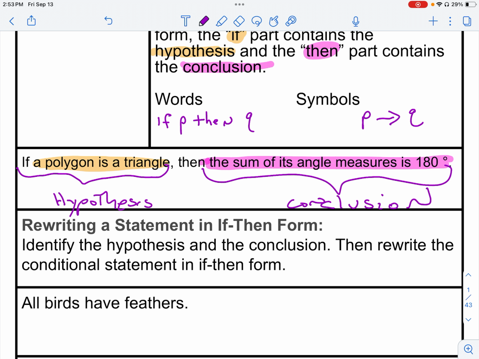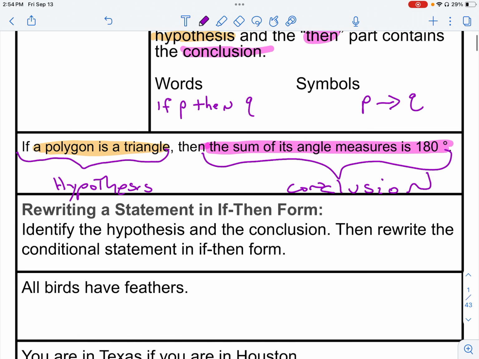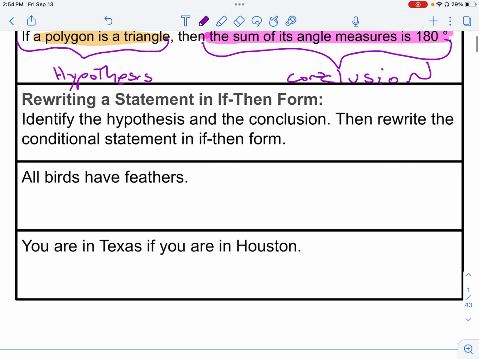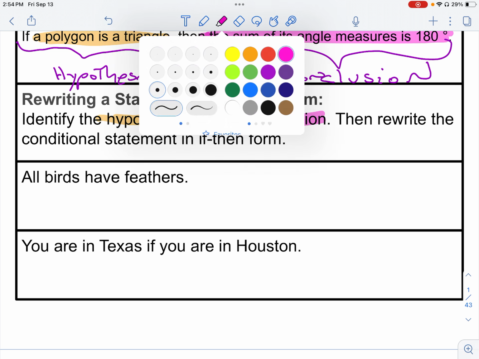That's why if-then forms are favorite. It simplifies some of this stuff. So let's identify our hypothesis and our conclusion, and then we rewrite it in the if-then form.